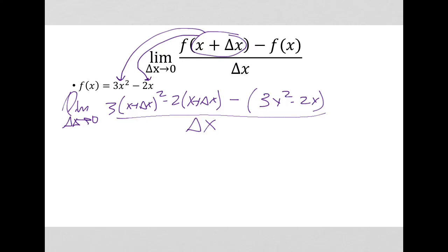So again, remember x plus delta x squared is going to expand as x squared plus 2x delta x plus delta x quantity squared, and I'm multiplying that by 3.